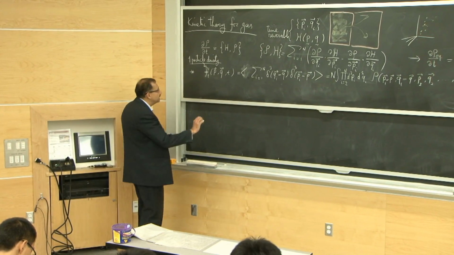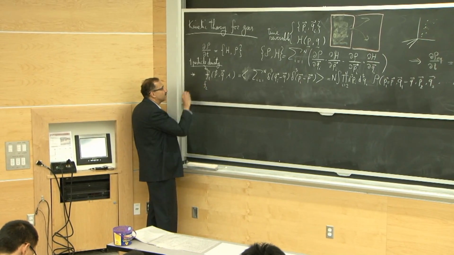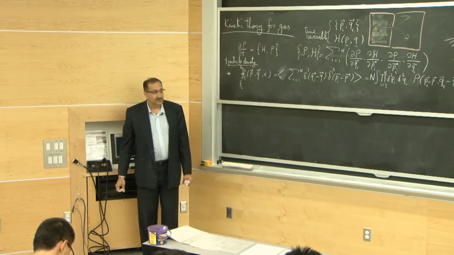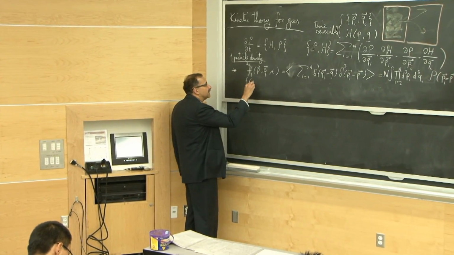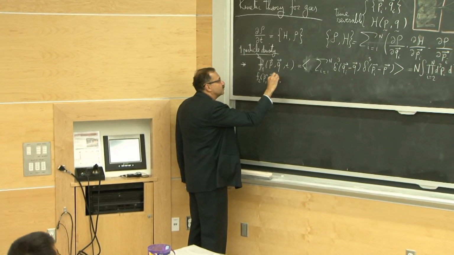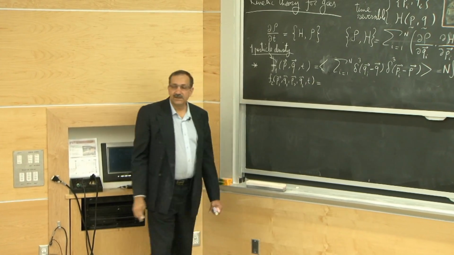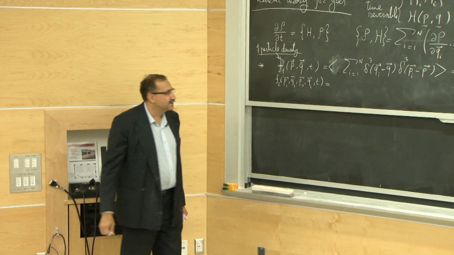Sometimes we need a little bit more information, so I allow for the possibility that I may also need to focus on a two-particle density, where I keep information pertaining to two particles at time t, and I integrate over everybody else that I'm not interested in.